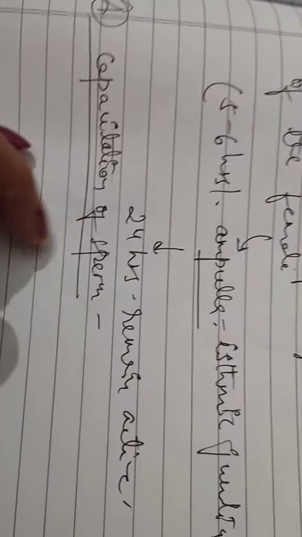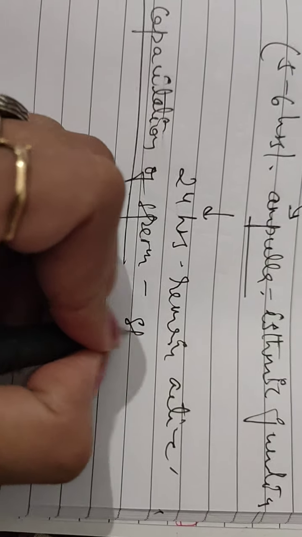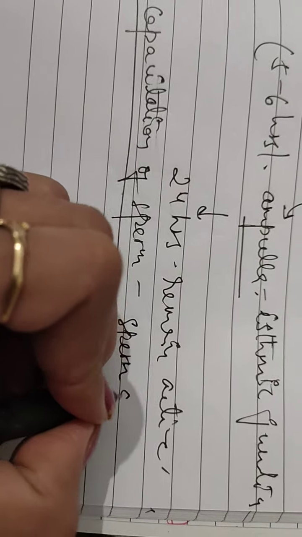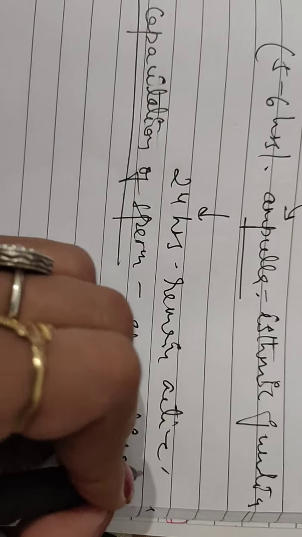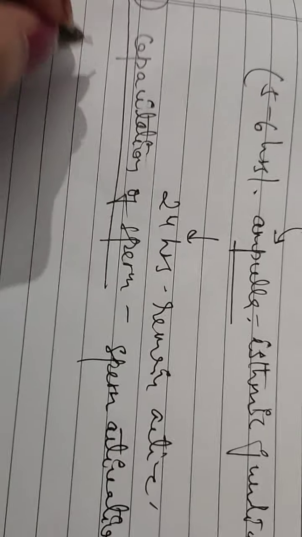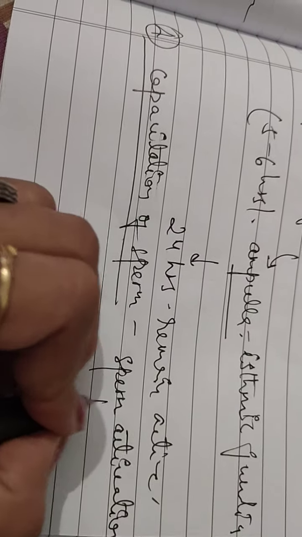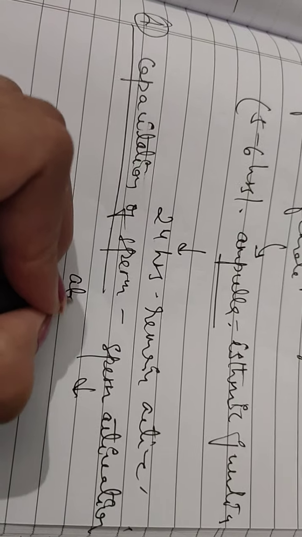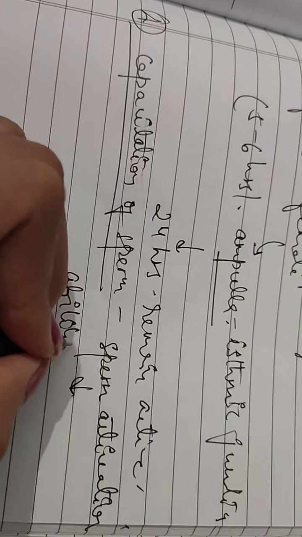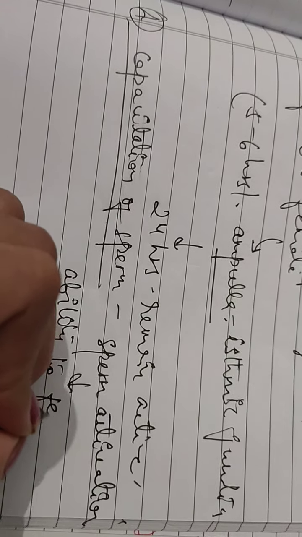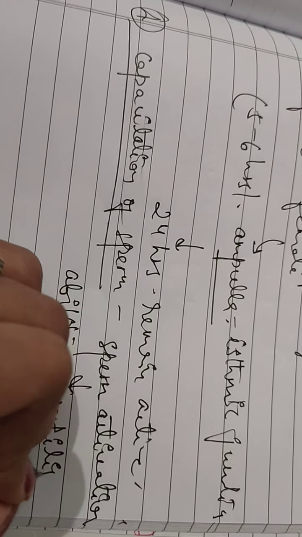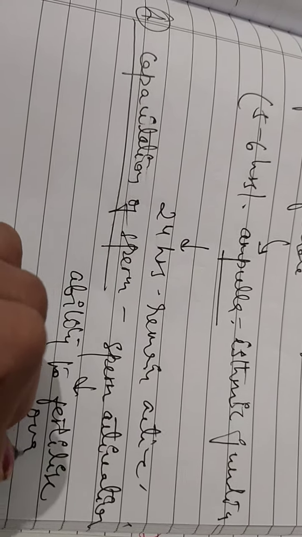Capacitation of sperm is the phenomenon of sperm activation, by which the sperm develops the ability to fertilize ova. Sperm activation means the ability to fertilize ova.